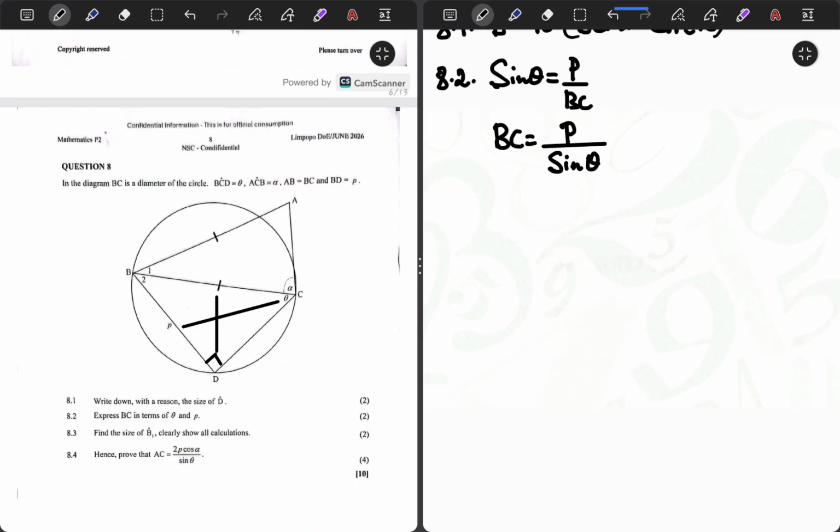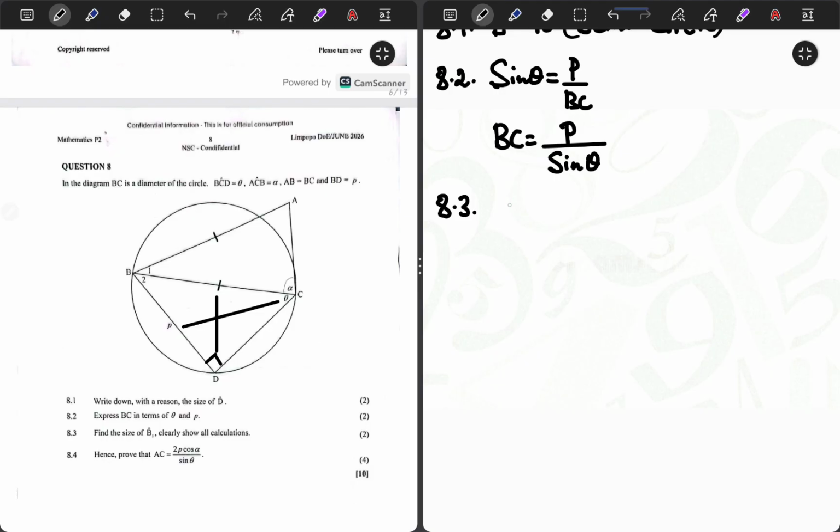Then 8.3, they say we should find the size of angle B1. Clearly show all your calculations.